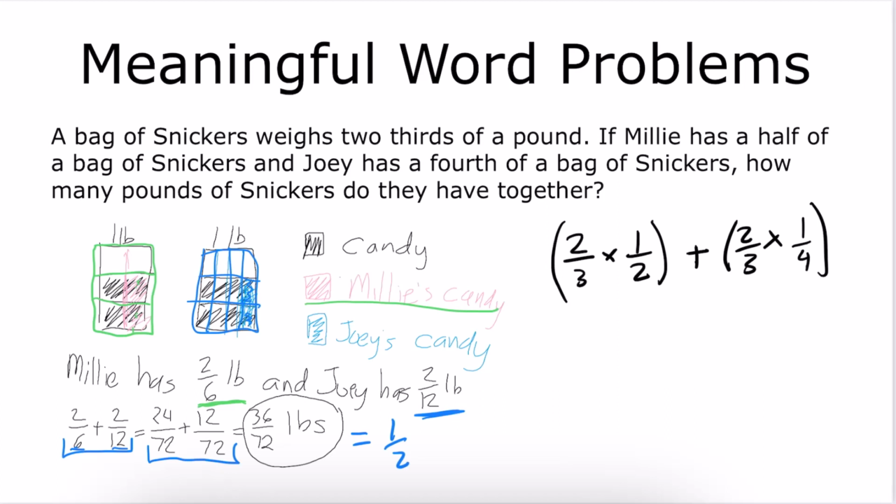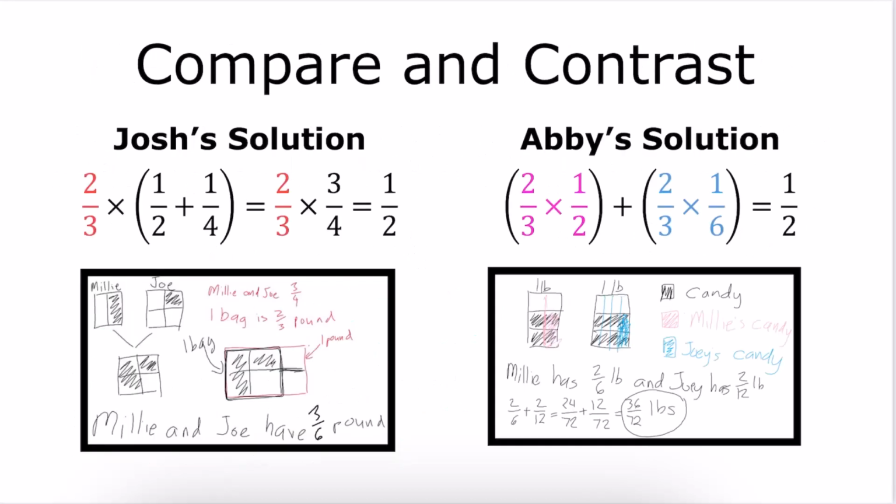So if you had two students who solved these problems in these ways, you could use their work to help your students discover a relationship between these two equations or these two expressions. So let's say that Josh was the student who solved it the first way.